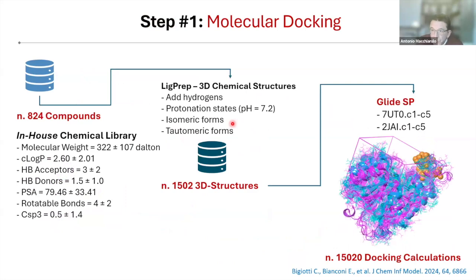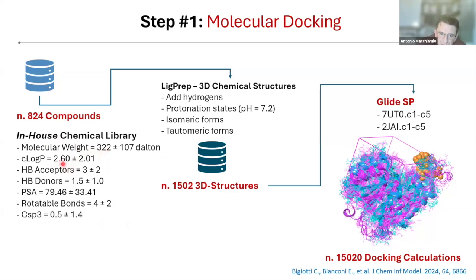So in the virtual screening campaign, the first step was the preparation of the compounds of the library. Here we have some properties of these molecules. As you can see, these molecules are quite small, so they resemble somehow a fragment-like library.